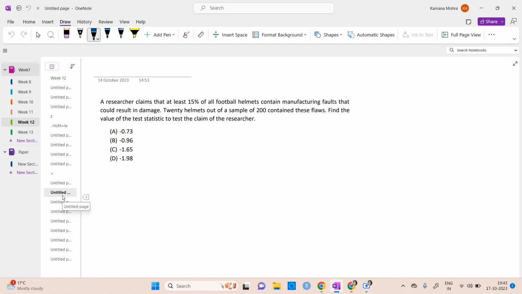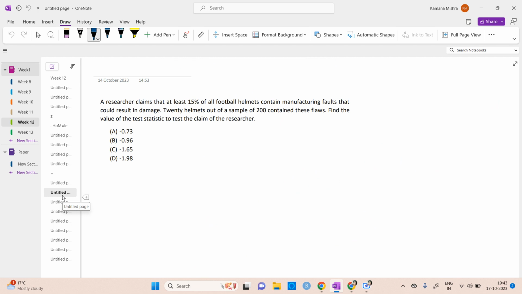The next question is: a research claims that at least 15% of all football helmets contain manufacturing faults. There is a fault in all instruments we use, like normal helmets or various kinds. At least 15% have faults, and it would obviously result in damage, so we cannot consider these helmets.